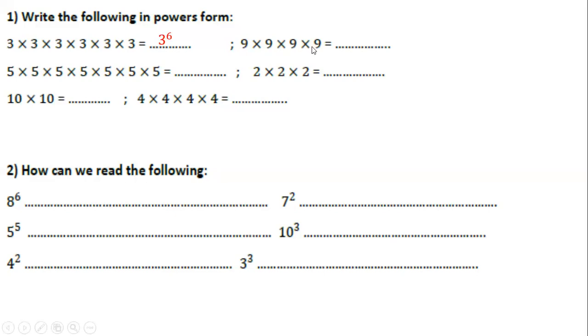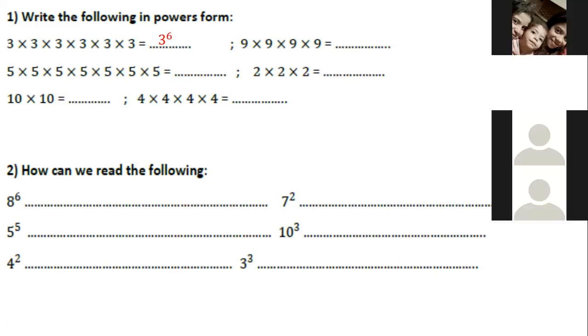How many times is it repeated? Count, Abdullah. 1, 2, 3, 4. So what do we write? 9 to the power of 4. Yes, so we write 9 to the power 4.